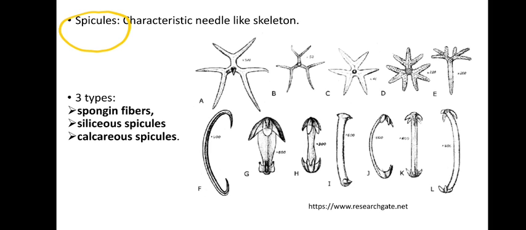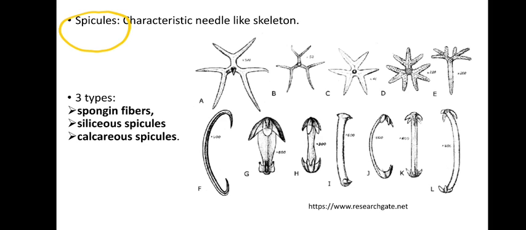They may not always be needle-like, but generally they are needle-like skeletal structures of sponges. They are actually secreted in the mesenchymal area, but they are projected outward. That means they pass through the pinacoderm.